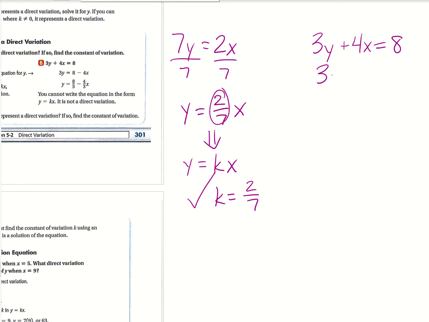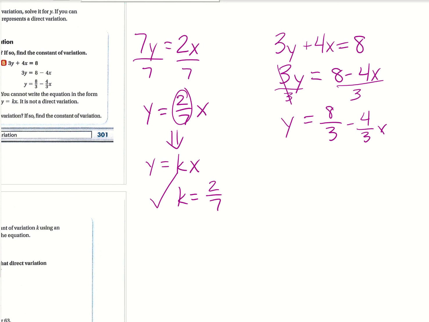Now if we try problem B, we can do 3y plus 4x equals 8. We can subtract the 4x from both sides, so we'll end up with 8 minus 4x. And then we can divide everything by 3. Remember, when you do that, you have to divide everything on both sides by 3. So we end up with y equals 8 minus 4x over 3, or 8/3 minus 4/3 x.